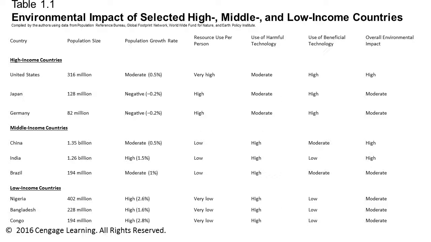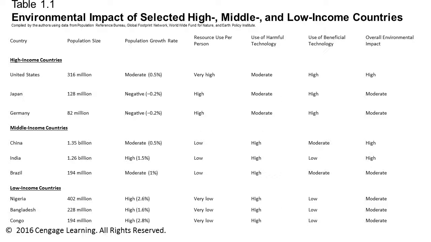So from a per capita ecological footprint scenario, these have very low resource uses per person. However, they do have a high rating for use of harmful technology. They do not have access to beneficial technology, mainly because they're not industrialized and still considered a very least developed country, and their impact overall is considered to be moderate.